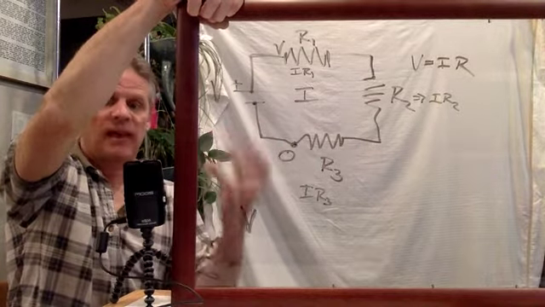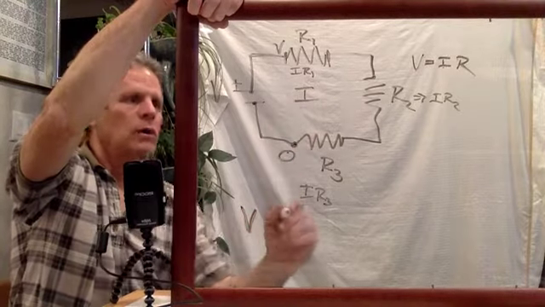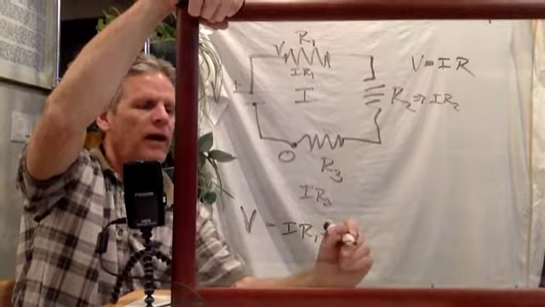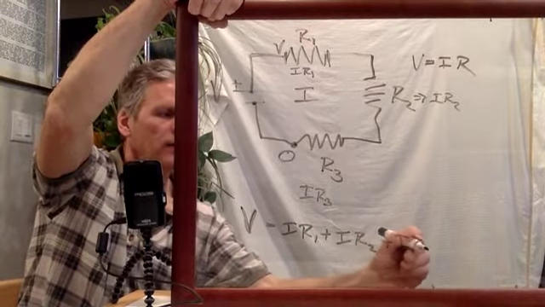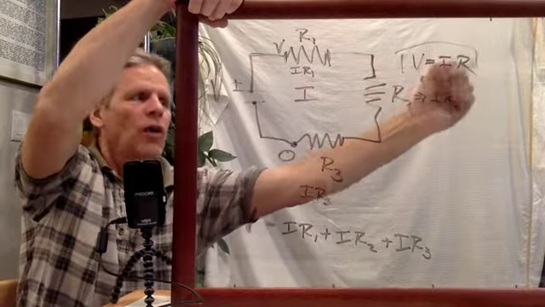It has to be exactly the same. But we know all the little pieces of it. One of them is IR1, another piece is IR2, another piece is IR3.